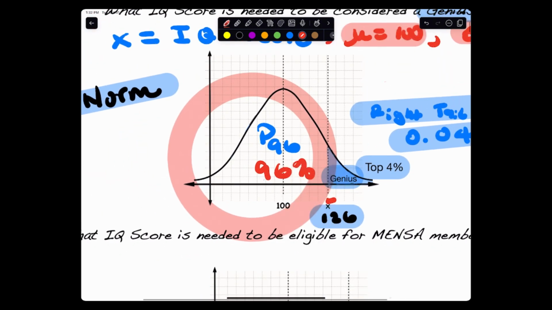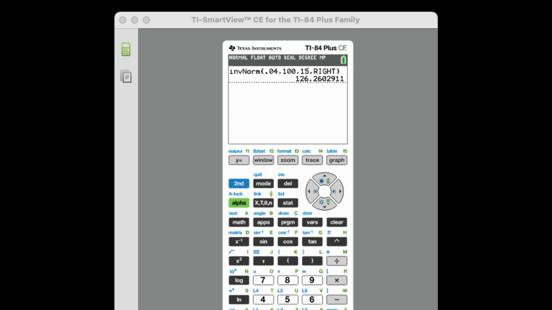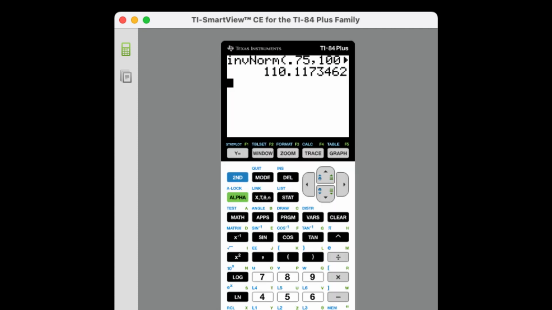Well, that's the default. So you're going to need to know this. Area to the left is 0.96, which means 96%. Okay. So when I go to this TI, we're going to do what? We're going to shift modes to TI-84 plus.